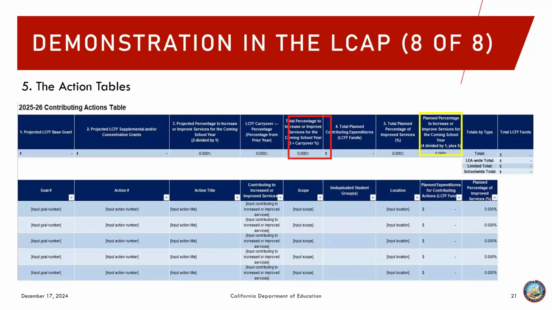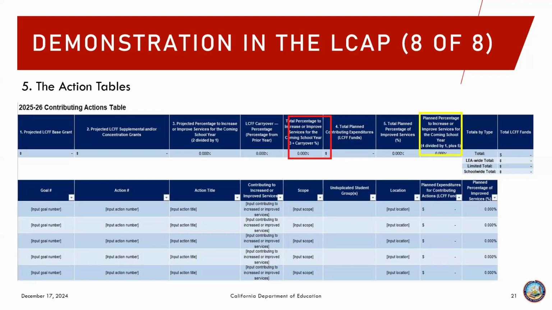And then the last place that we see this demonstration of increased or improved services is within the action table, and specifically within the contributing actions table. It actually shows up both within the contributing actions table and within the contributing actions annual update table.